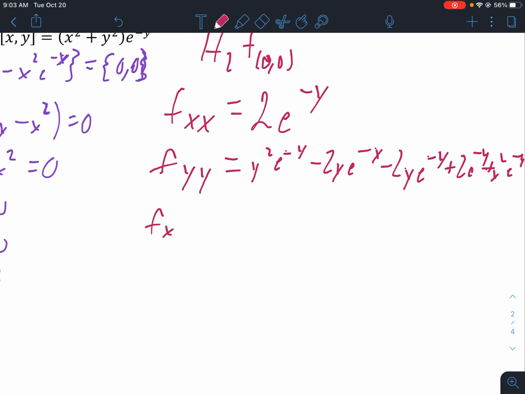And then the mixed second partial derivative of f with respect to x and y would be just that, because there's only the one term all the way over here that has an x in it.